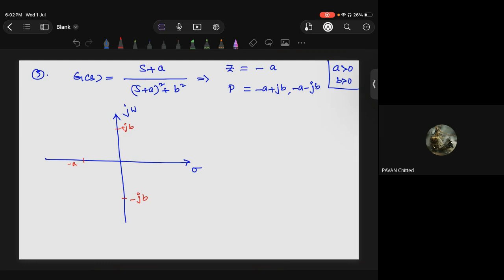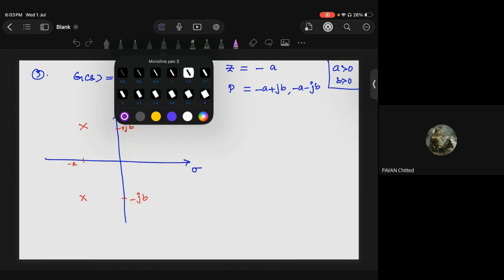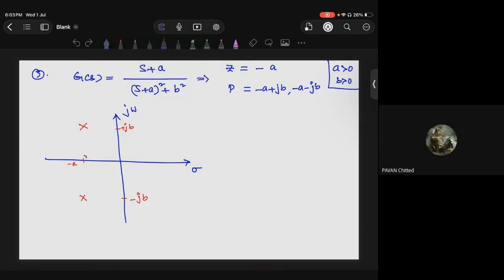So where are the poles located? This is minus a plus jb, this is minus a minus jb. Is that correct? Yes. Then the zero is at minus a. We show this zero with a circle. So this is the pole zero plot.